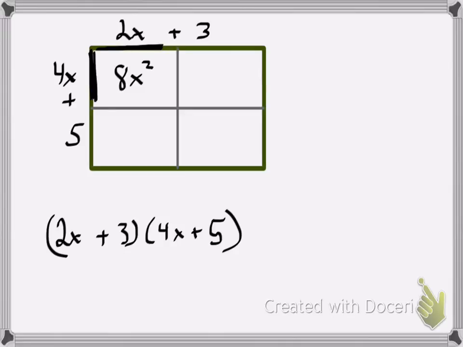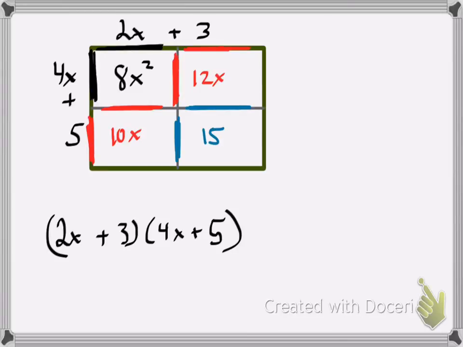The next one we said is remember we said this distance is a 4x, and this is a 3, so that makes 12x. This distance is a 5, and this distance is 2x. Altogether, when we multiply that out, it's 10x. And then I've got this distance, which is 3, and this distance, which is 5, and that makes 15.